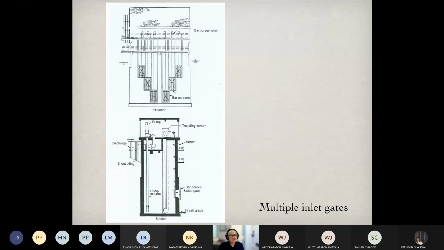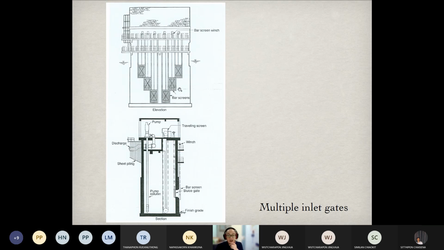Another type of intake. Basically, it is the tower, but these types of intakes contain several ports, or multiple inlet gates. There are up to 6 ports on this side. If the quality of water near the lower port is good, then we withdraw the water from the lower port.